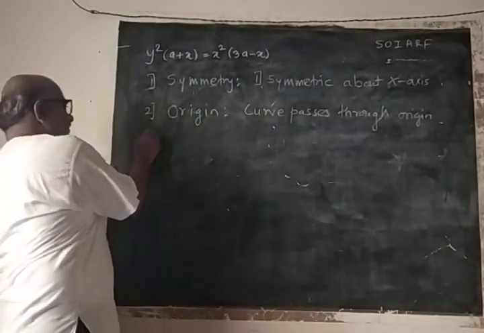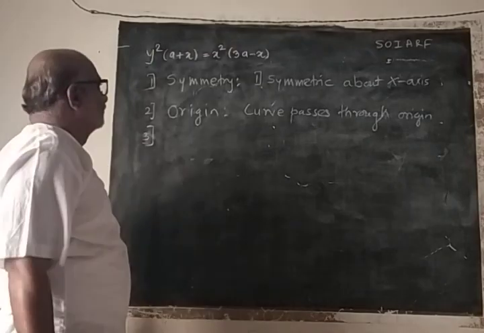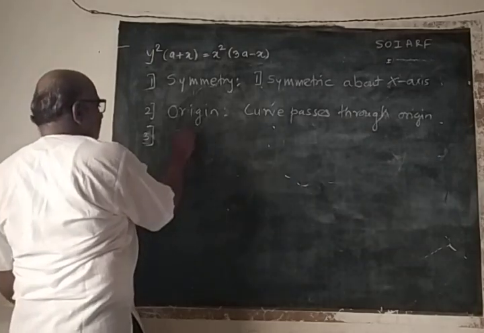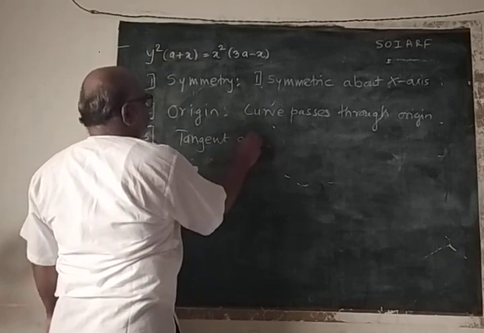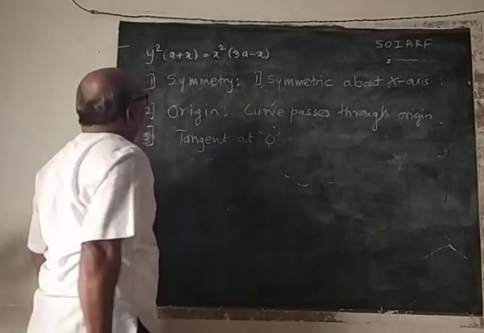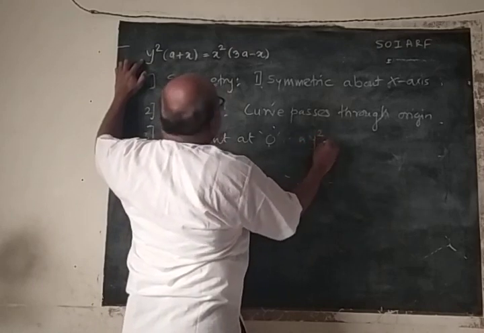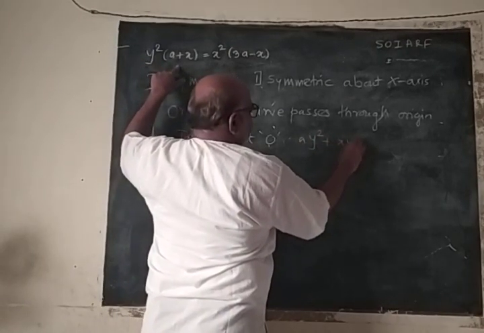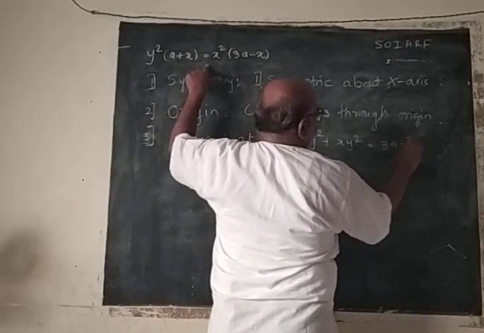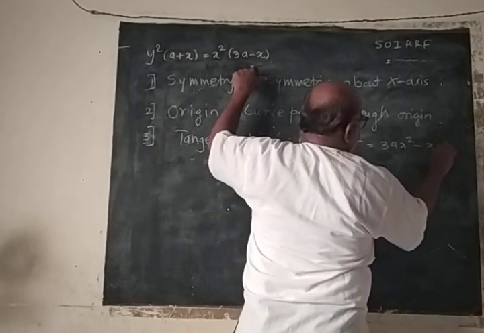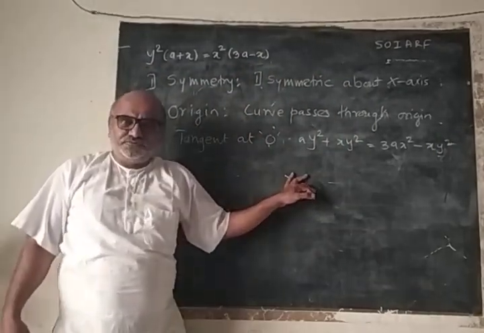Third point is tangent at origin. For that, what have we tried? We write the equation as a x square plus x y square equal to 3a x square minus x y square. Now equate the lowest degree terms to 0.